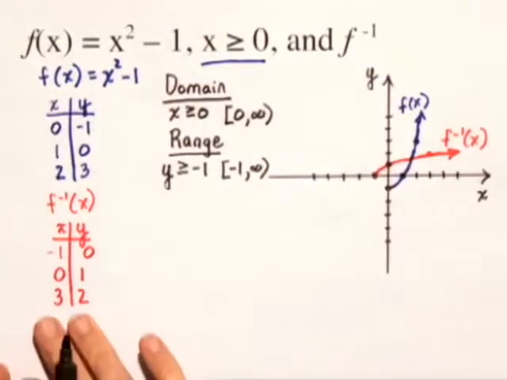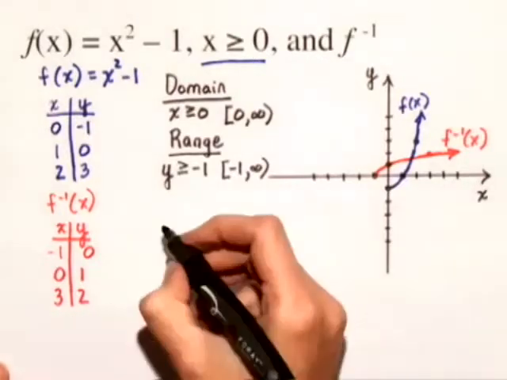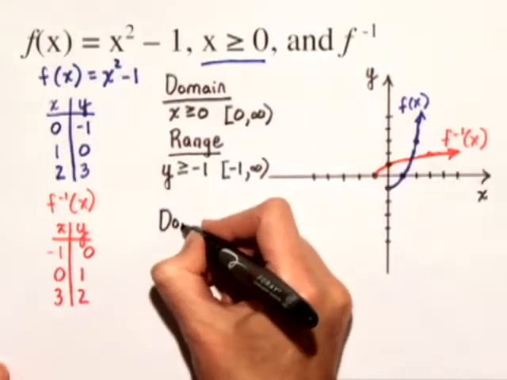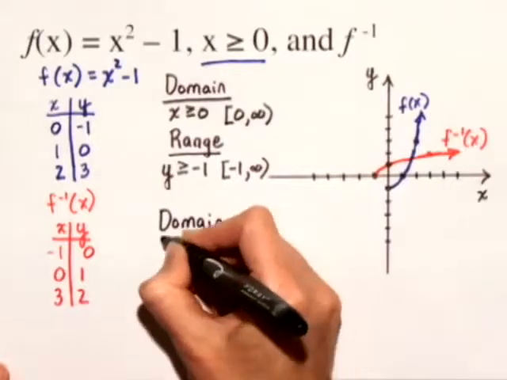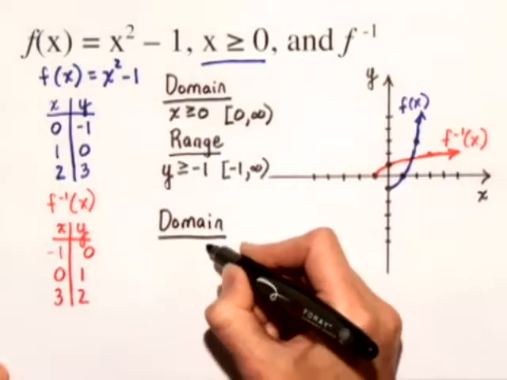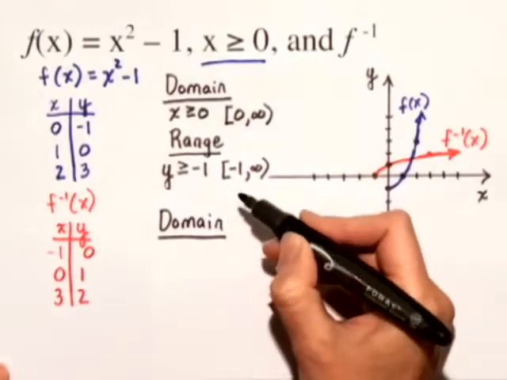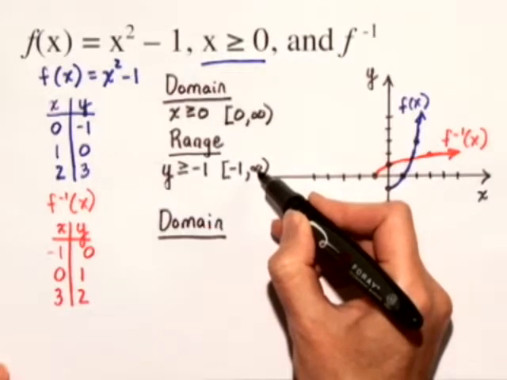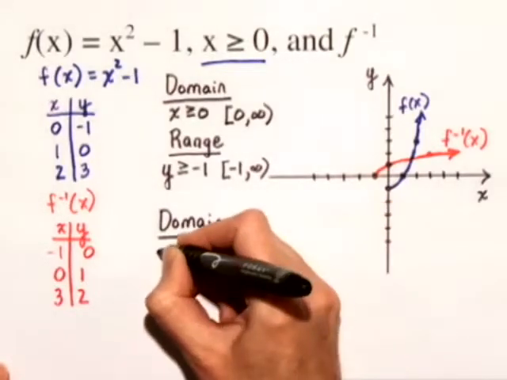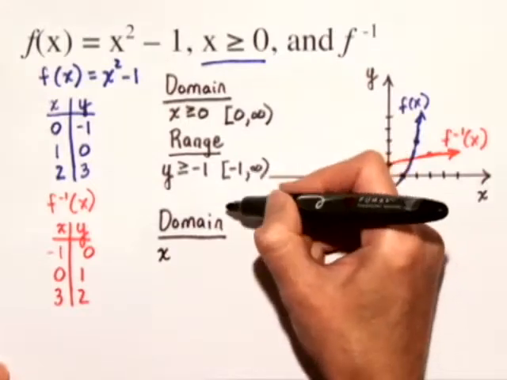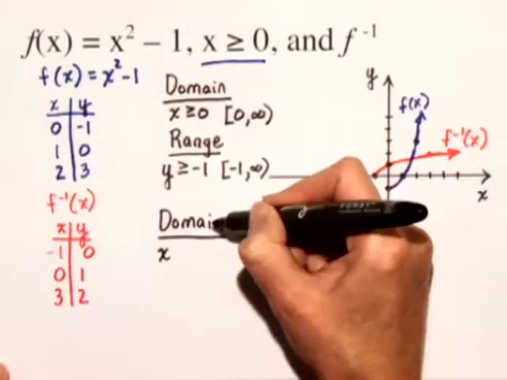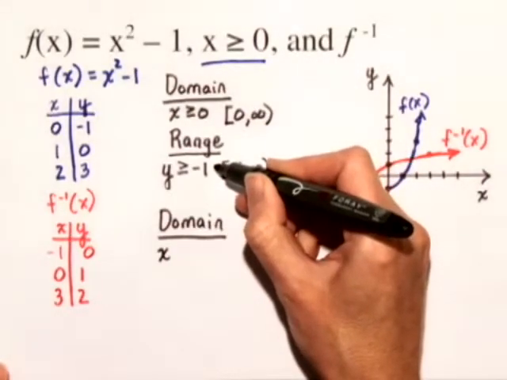Now, we're going to look at the domain and range of the inverse function. So, the domain of the inverse function is the same as the range of the original function. But remember, domain, we're talking about x. So the domain of my inverse function is the same as the range of the original function.